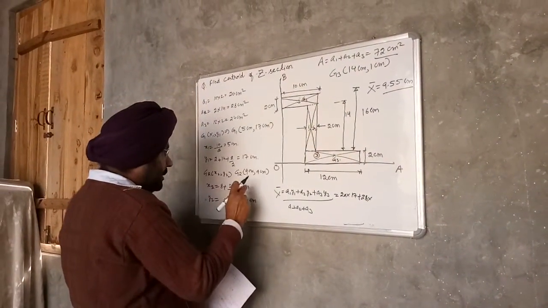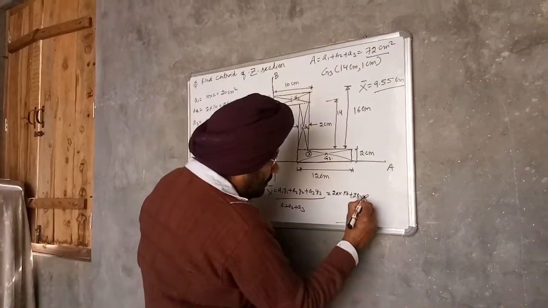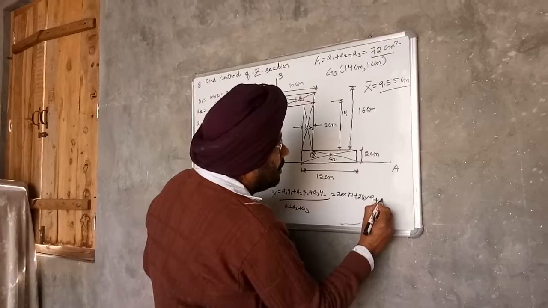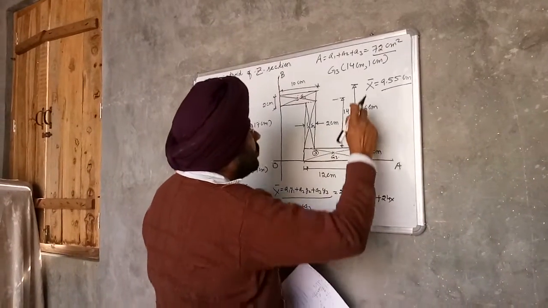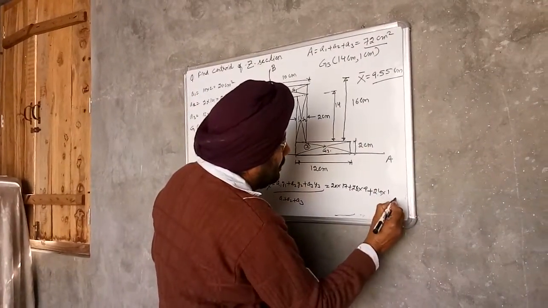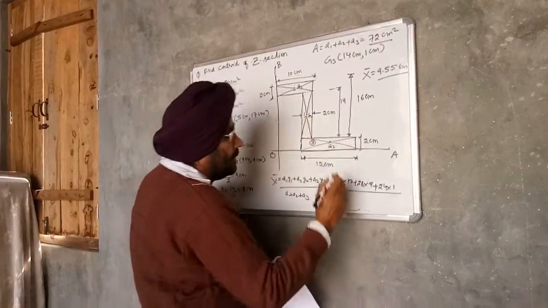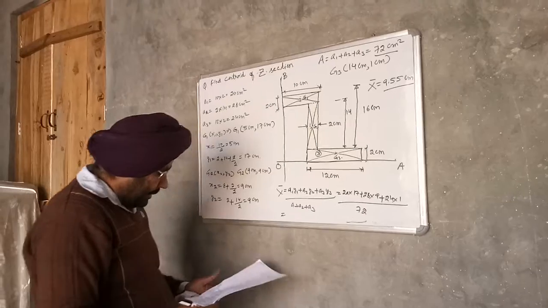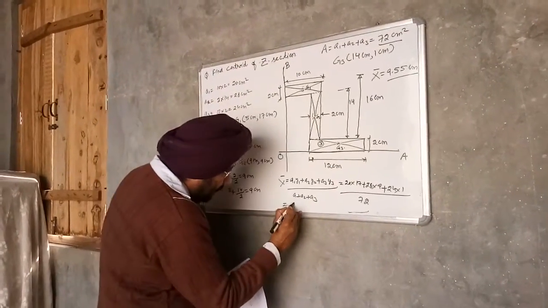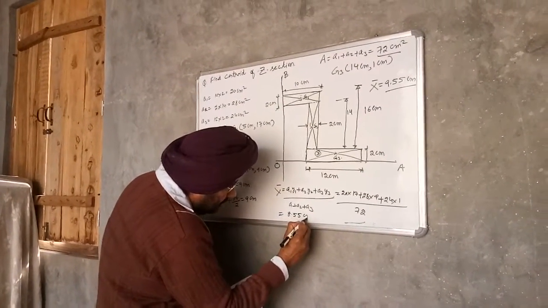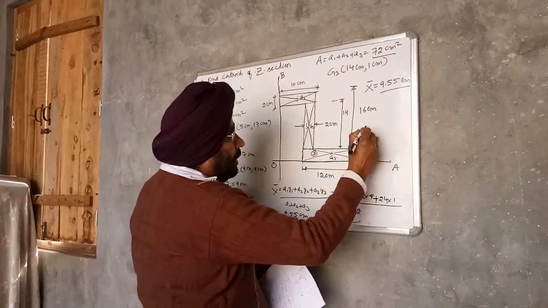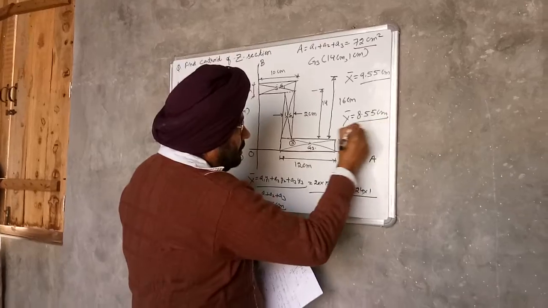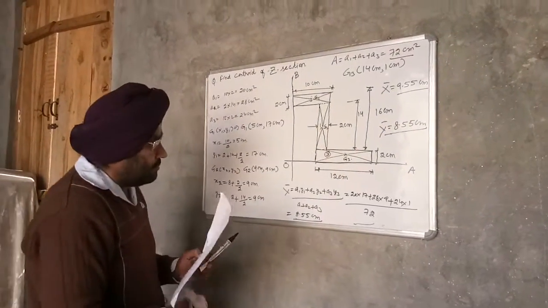So y2 is 9, plus a3 is 24 into y3. So y3 is 1 centimeter, upon a1 plus a2 plus a3, 72. So the value of y bar comes to be 8.55 centimeter.